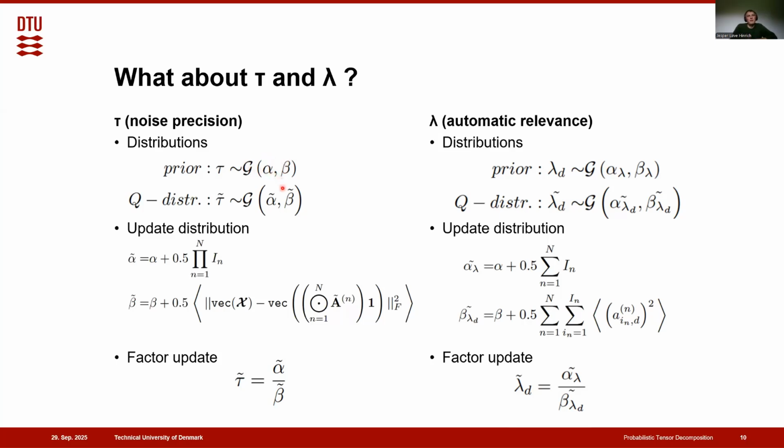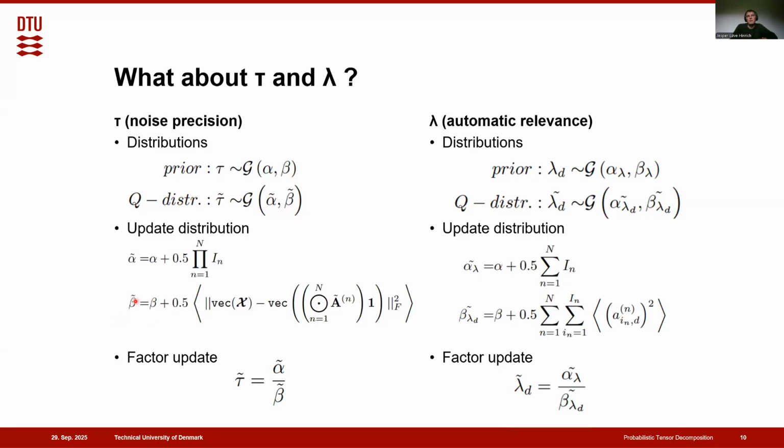But you could also update it, and that is just specifying what's called a gamma distribution on your prior, and then the Q distribution, or your approximation distribution, is the same, but now you have to estimate this alpha tilde and beta tilde. And it's really simple. Alpha is the size, or how many elements you have in your data, plus whatever you have for the value in your prior here.